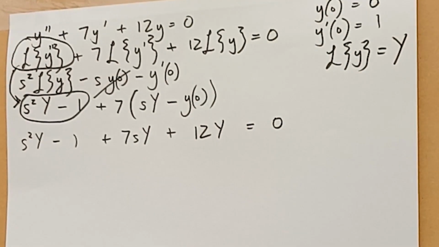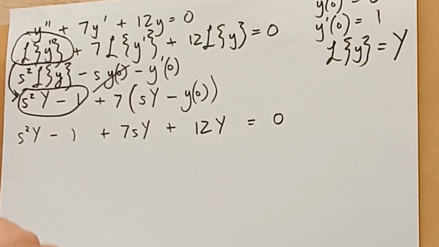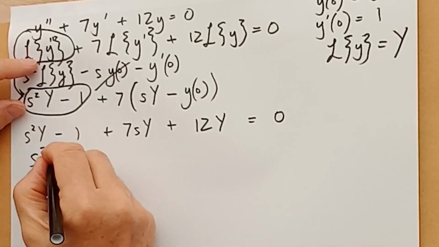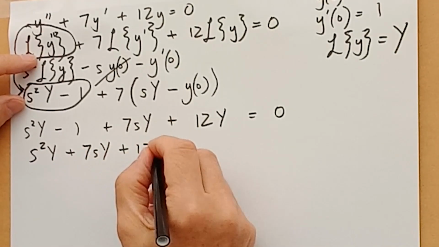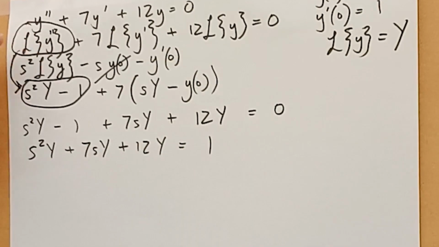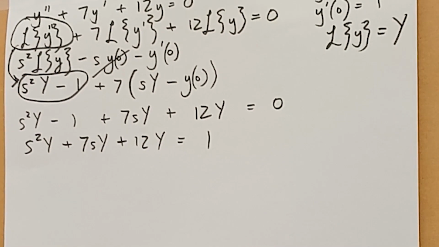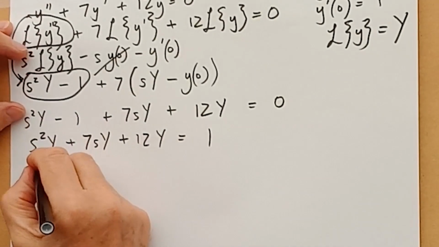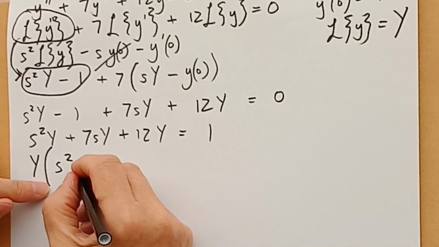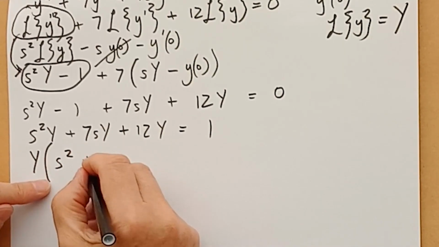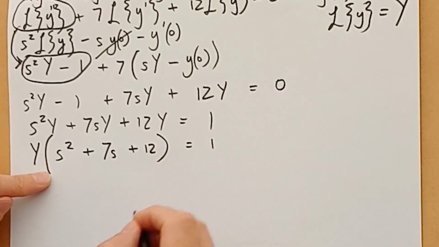Okay. This minus 1's a bit of a pain, so let's move it over to here. And then we've got s squared Y plus 7sY plus 12Y equals 1. Okay, so far so good. Take the Y out. Y times s squared plus 7s plus 12 equals 1.